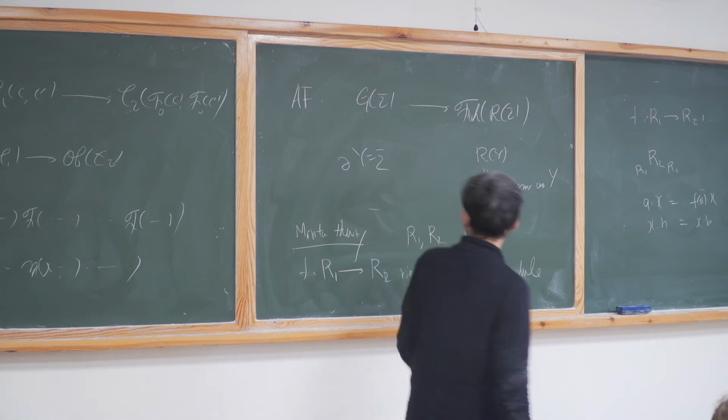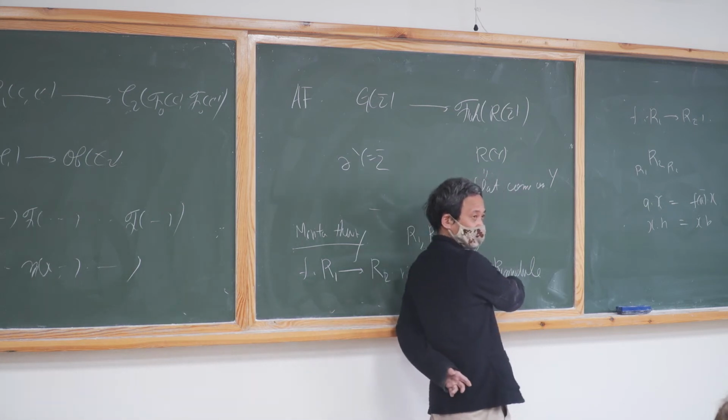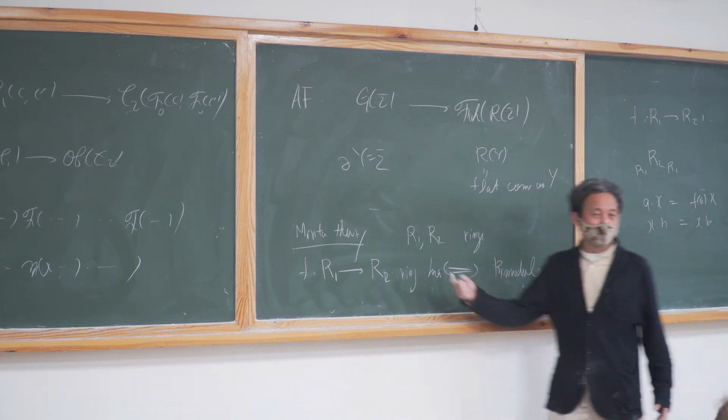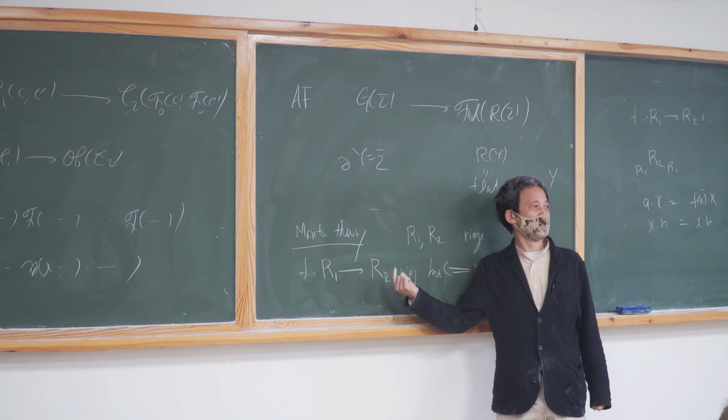What's important is that here you have a tensor product. If you have V an (R1, R2) bimodule and W an (R2, R3) bimodule, then you have this tensor product. Better to say it's a derived tensor product, but let me simplify it like this. This tensor product is an (R1, R3) bimodule, and this process of tensor product corresponds to taking the composition of the ring homomorphisms.